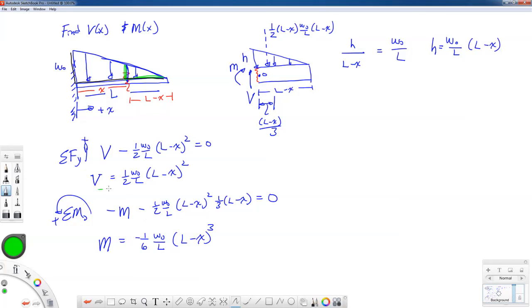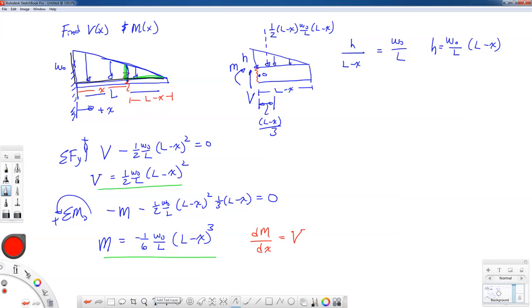Here we have V is 1/2 W naught over L times the quantity L minus x squared. Here we have M is equal to minus 1 over 6 W naught over L, L minus x cubed. If I were to take the derivative of the bending moment equation with respect to x, I would get the shear force equation.